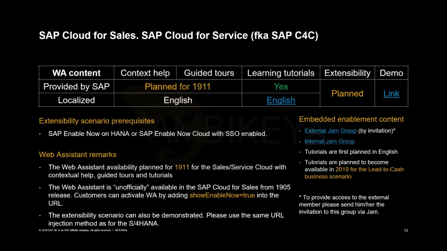I've done this with multiple customers already. So if they want to see what the functionality will look like, or if their development team wants to start to create certain hotspots or guided tours or link tiles, we are able to test this today. But this C4C support will be a major focus in the 1911 release.